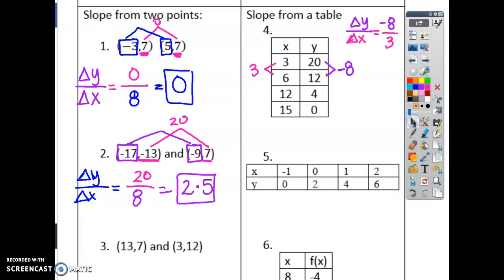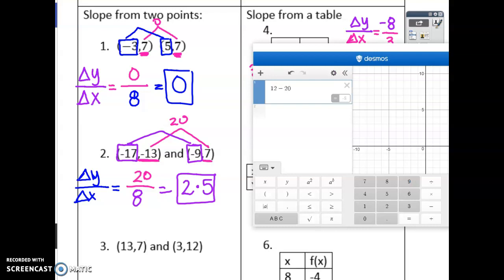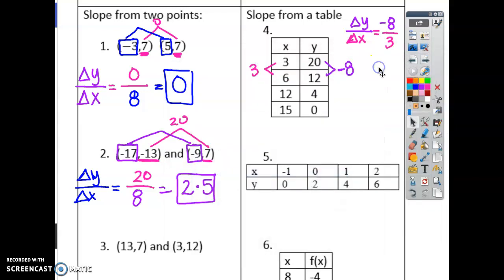And then you put that in the calculator. -8 divided by 3. It's a repeating decimal. So we're just going to leave it like that. We're going to leave it -8 over 3, because you cannot reduce that anymore. So this is my answer.